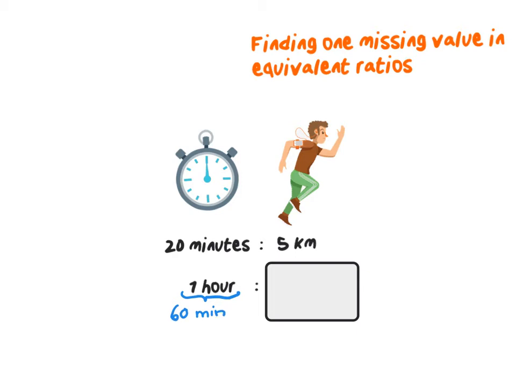Now, to go from 20 minutes to 60 minutes, I have to multiply by 3. And if I multiply by 3 on the left, I also have to multiply by 3 on the right. So if Jake maintains the same speed for a full hour, he would cover 15 kilometers. And 15 kilometers an hour can also be written as 15 kilometers per hour.